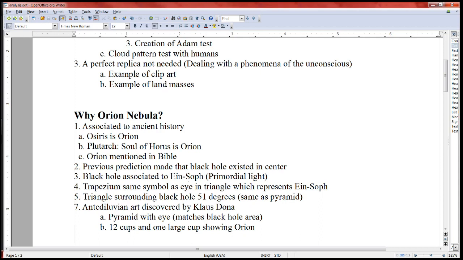And what we see is that this particular point of light starts expanding, and can be associated with a vortex or a black hole. We also know this because if we take a look at Buddha, if we take a look at Shiva, if we take a look at these various other images, we can go across cultures and see that that vortex, that Ein Sof, the point, is the starting point of creation. And so that's why the black hole makes sense.